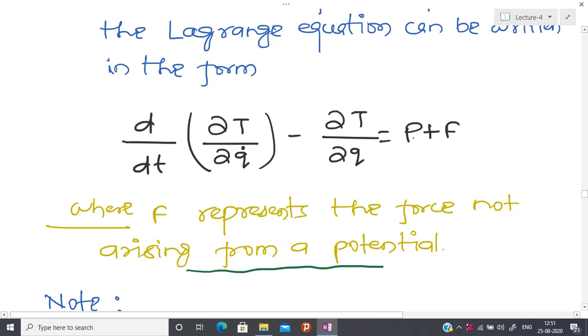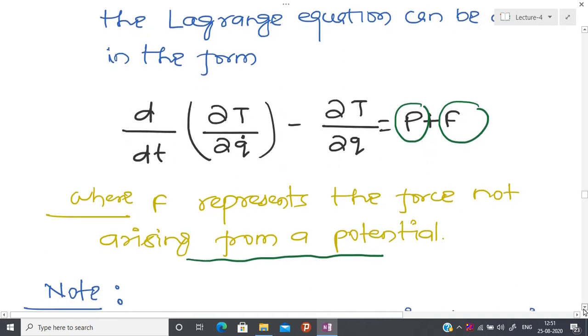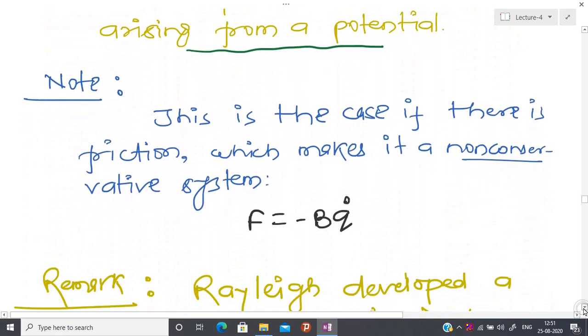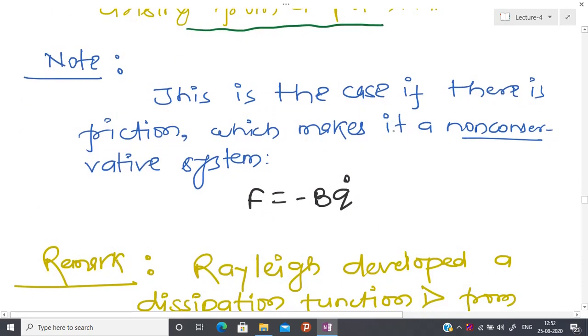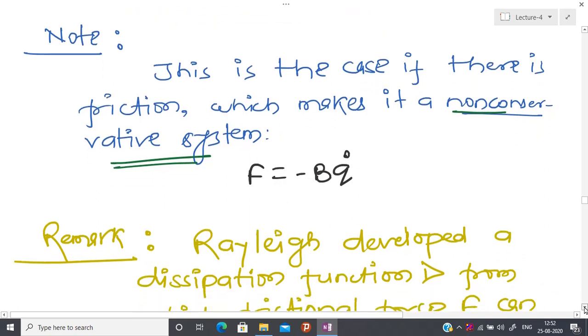So basically I have one force due to potential energy, and now I am going to incorporate another force which does not come from the potential energy, and that is nothing but the friction force. In the case of friction or a non-conservative system, it is possible to show that the force is proportional to the velocity, and its direction is always opposite to the velocity. So if the object is moving in the forward direction, then that force is in the backward direction. Due to that reason, the negative sign is here, and B is the proportionality constant.